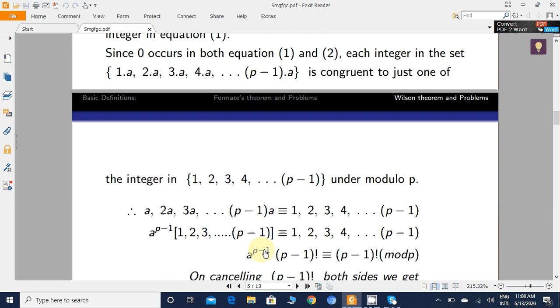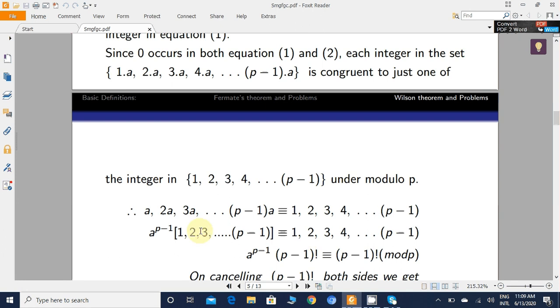Therefore, A, 2A, 3A, etc., P minus 1 into A is congruent to 1, 2, 3, etc., P minus 1. So on the left hand side of this equation, A will repeat P minus 1 times. That's why if I take A power P minus 1 as a common factor, the remaining is 1, 2, 3, etc., P minus 1 into A, which is congruent again to 1, 2, 3, etc., P minus 1.